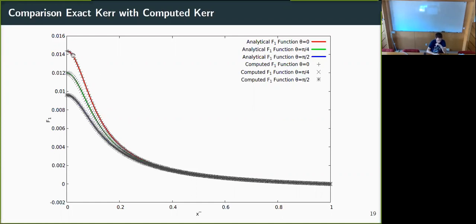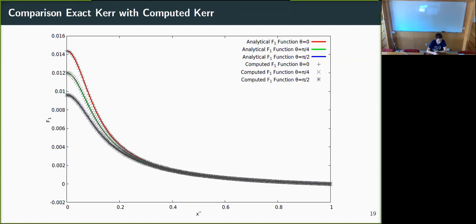Red and the plus are for θ equal to 0. The green and the cross symbol are for pi over 4, and the blue line and the stars correspond to pi over 2. As you can see, they are in very good agreement.